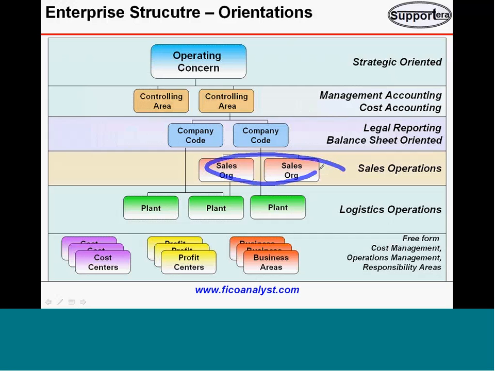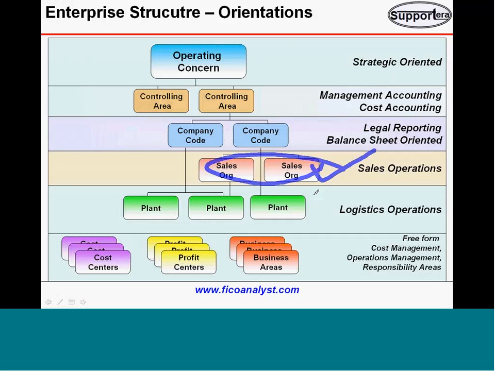For example, sales organizations may be structured this way: you may be selling one kind of product, so all that product-related business you may sell under one sales organization. Or maybe a region, where some regions together you may call a sales organization, or a particular country itself can be a sales organization.